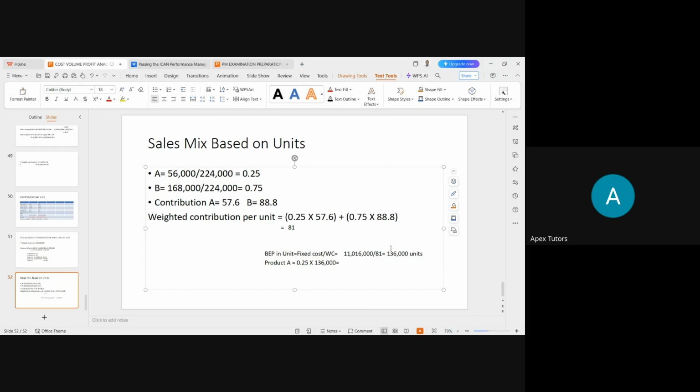And for product B, it will be what? It will be 0.75 multiplied by what? By 136,000. So the result will be what?